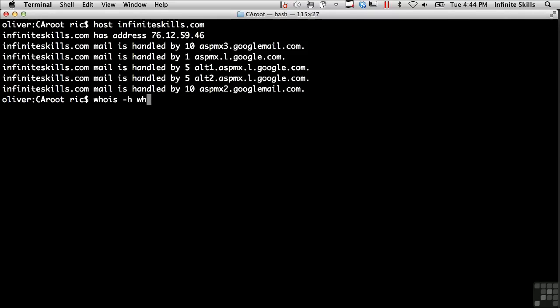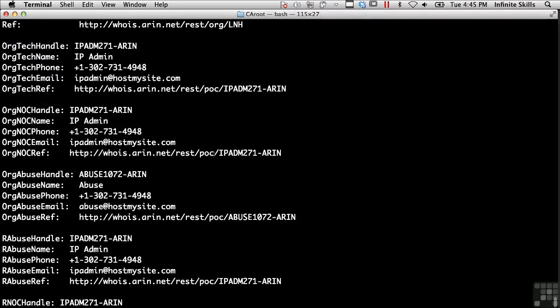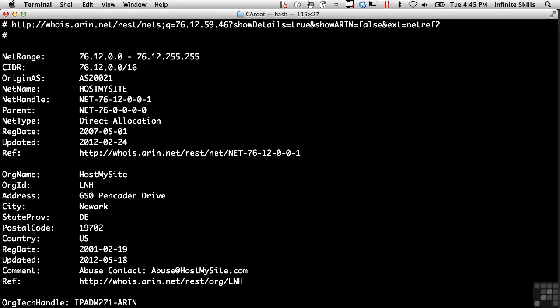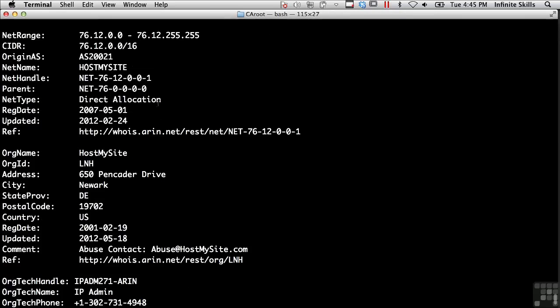So I'm going to do a whois, and I'm going to look up with ARIN who owns that IP address. And I can see it's owned by Host My Site, and the network block or network range is 76.12.0.0 all the way through 76.12.255.255.